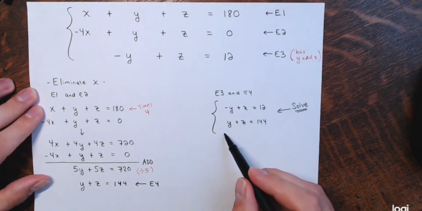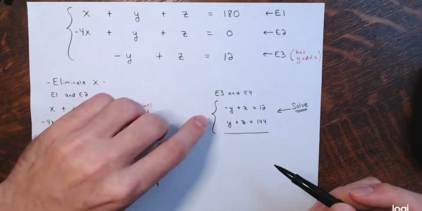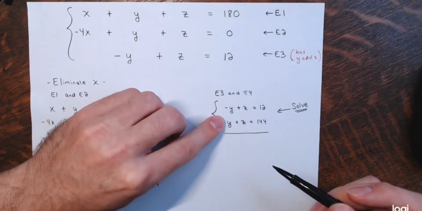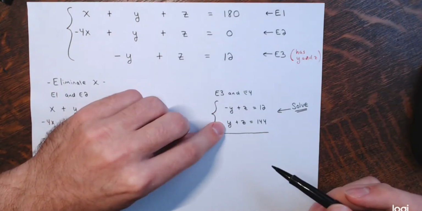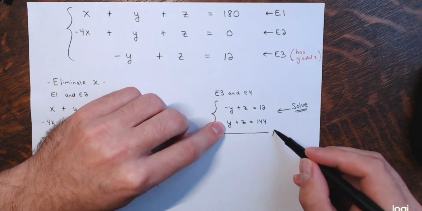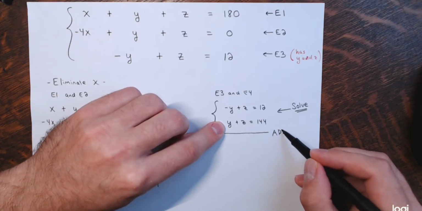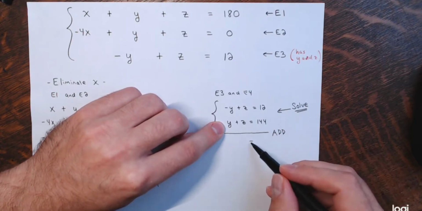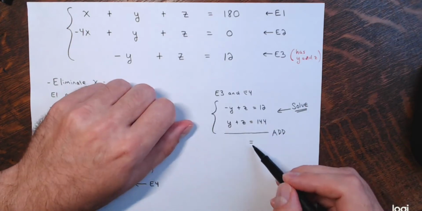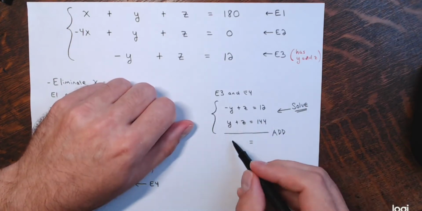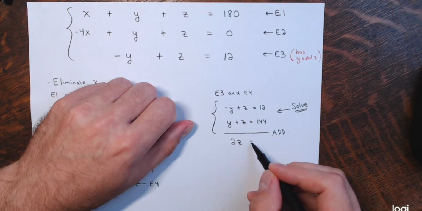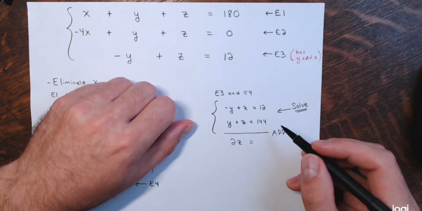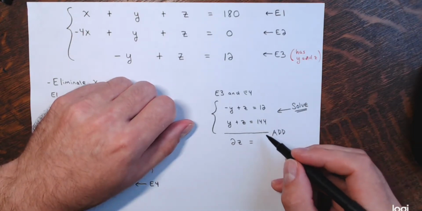Well look, the coefficients of the y's are already opposites, negative 1 and positive 1. So I can eliminate the y's right now by adding the equations together to create a new equation. Left side I'd have 2z equals, right side, 12 plus 144 would be 156.